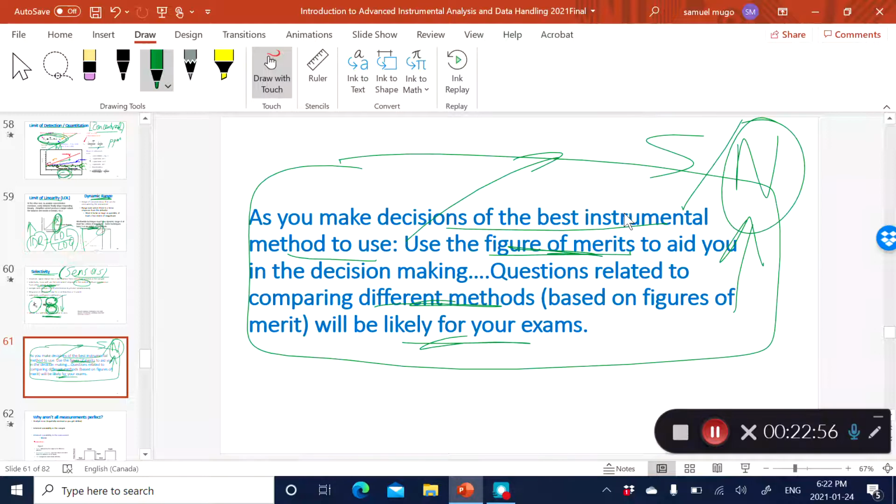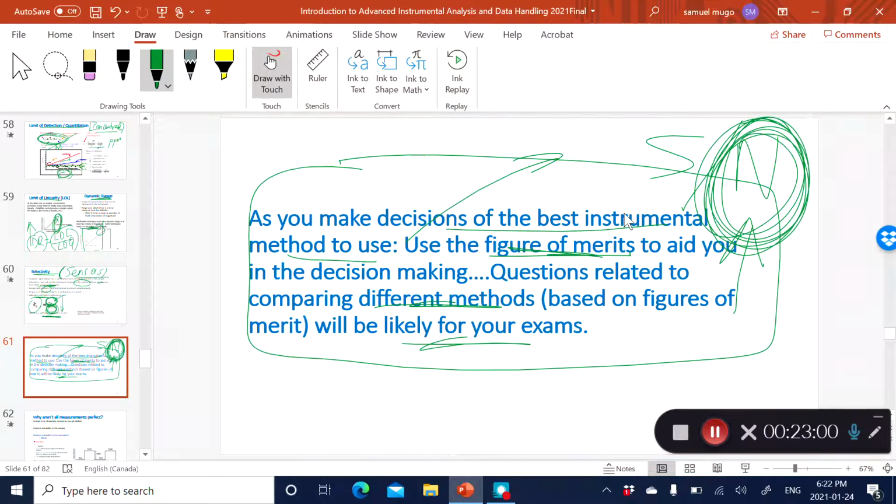So in the next lecture, we're going to talk about the instrument response in terms of optimizing the signal, reducing the noise, and even the ability to quantify the noise relative to the signal.